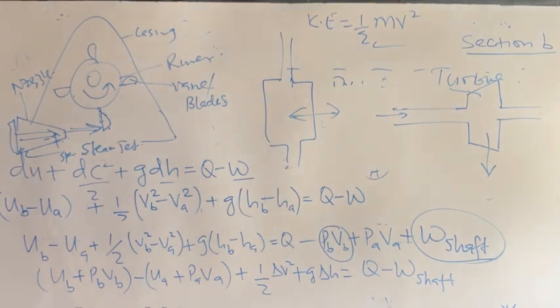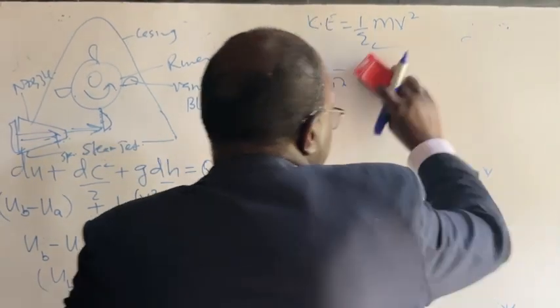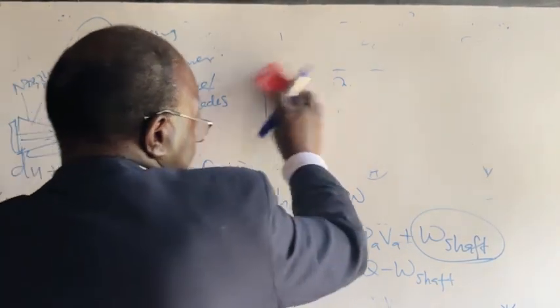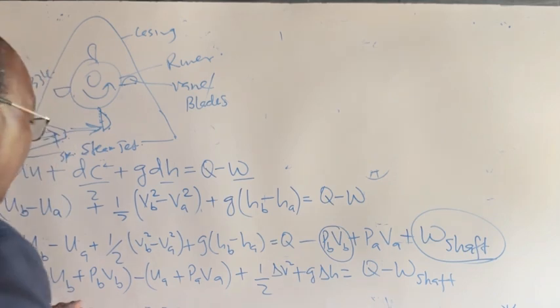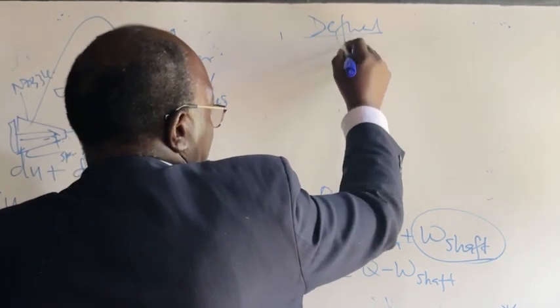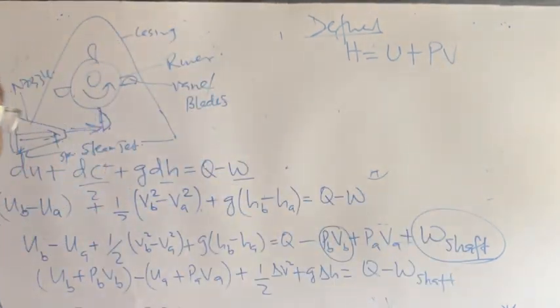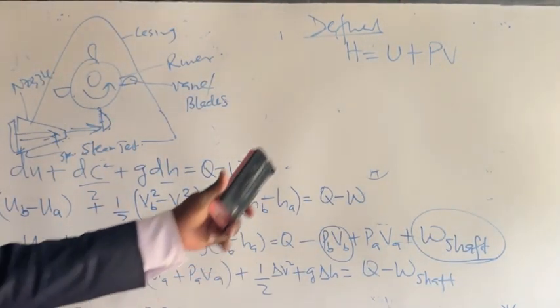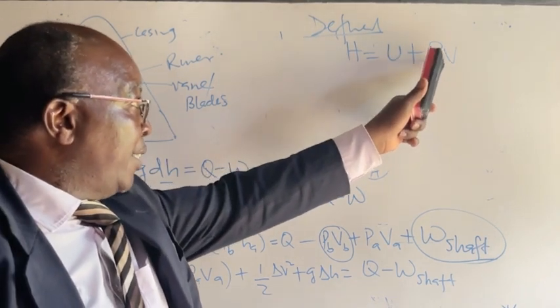And if you look at this expression carefully, you remember from our earlier lectures, we said that enthalpy H was equals to U plus PV. Enthalpy can be gotten from expressions for internal energy plus pressure and volume.